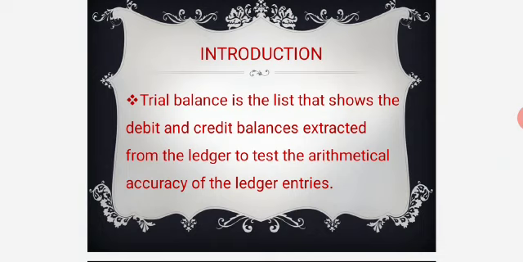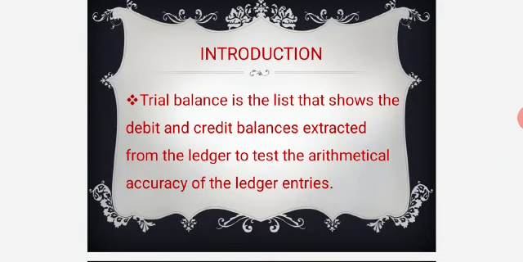Transactions from the subsidiary books are posted to the ledger, which is the final destination of every transaction. The ledger is the most important book of accounts, from where the major final accounts are prepared.